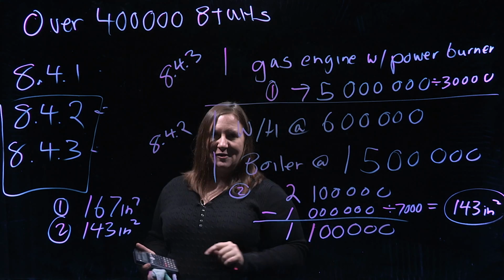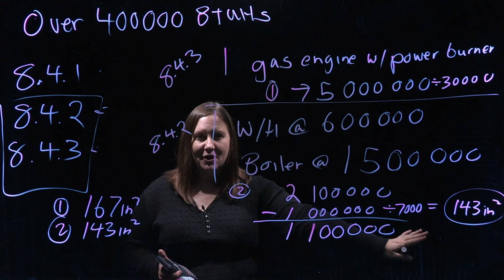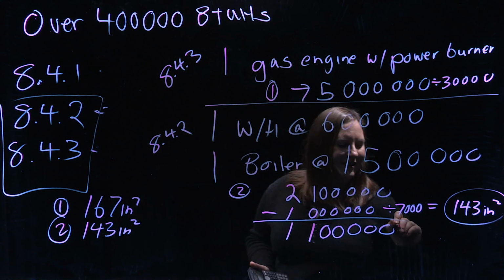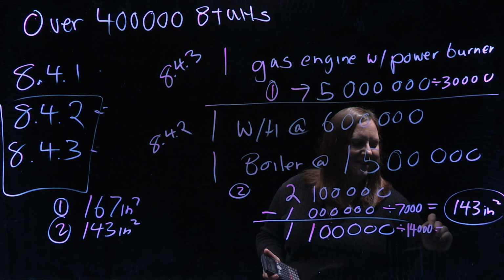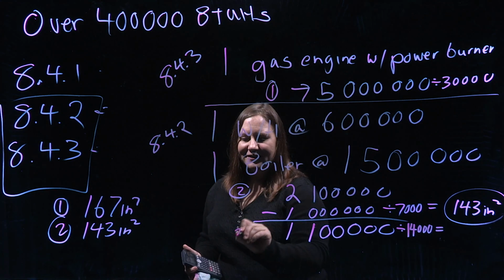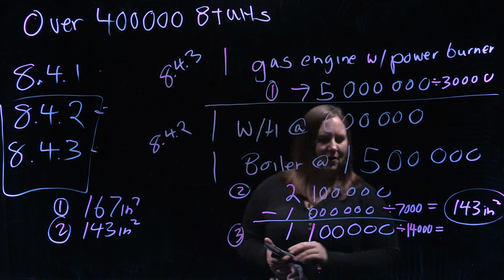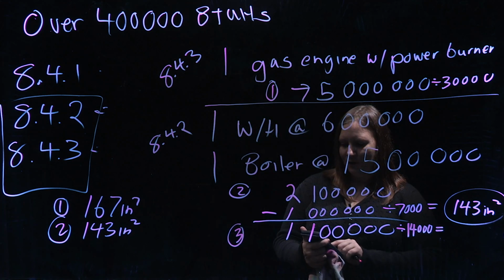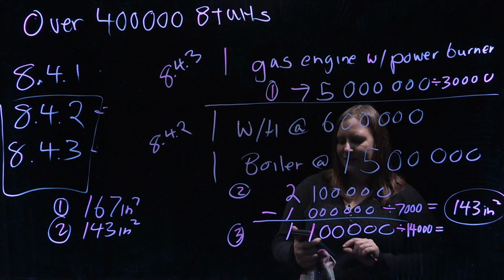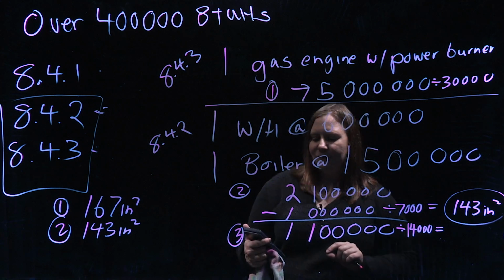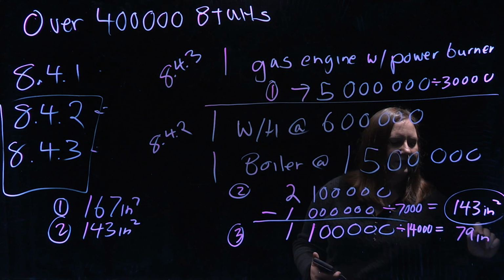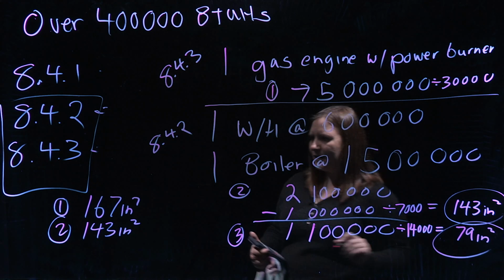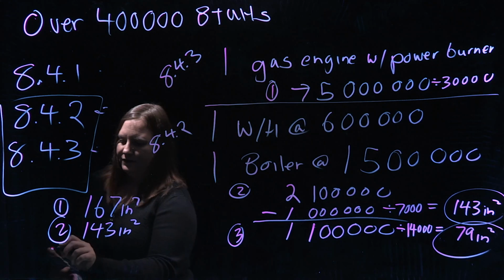And 8.4.2 says that for everything beyond the first million, we're taking 1 square inch per 14,000 BTUs. So I'm going to do that math. That's my third equation I'm doing. So I'm going to take 1,100,000 BTUs divided by 14,000 BTUs, which gives me 78.57. So again, I'm going to round it up to 79 square inches. And I'm going to put that number over here.